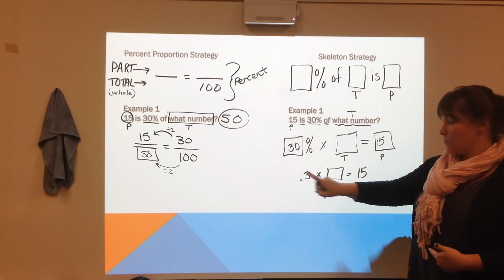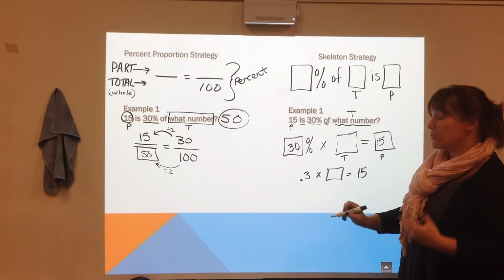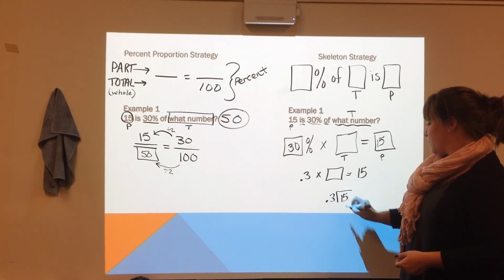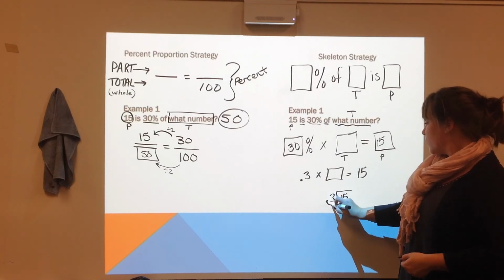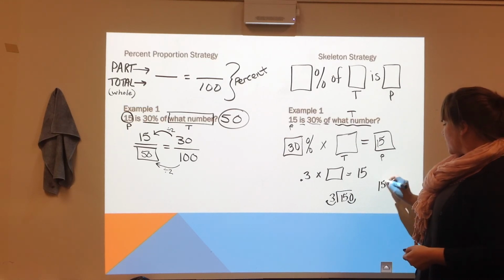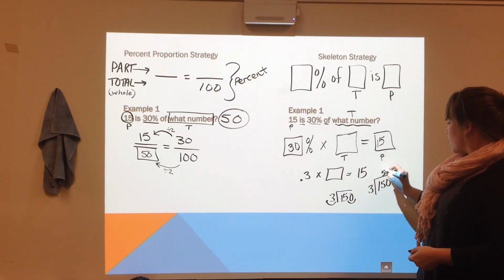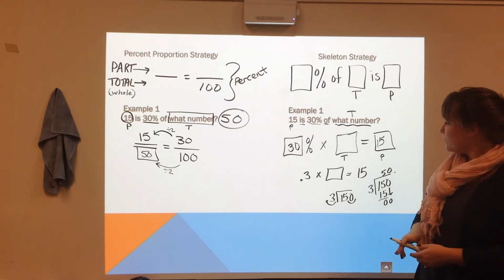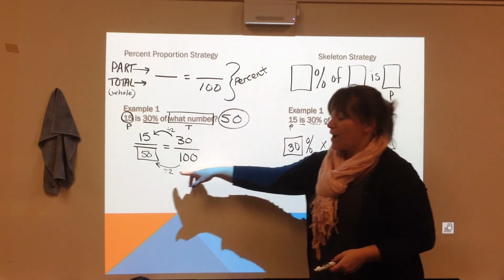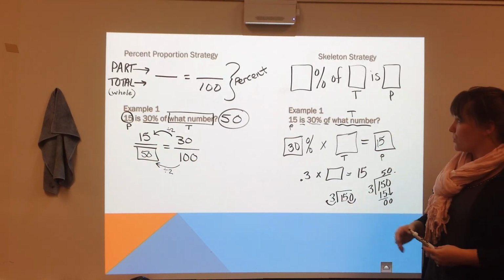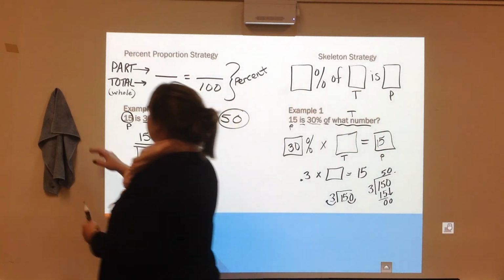But because it is a decimal, we're going to have to divide by a decimal. We know how to do that though. We move the decimal point over, we move the decimal point over, and 150 divided by 3, lo and behold, is the same thing we got with our other strategy. So we're either going to be dividing by 2 or we're going to be dividing by 0.3. Those are 2 different ways to solve the same problem.